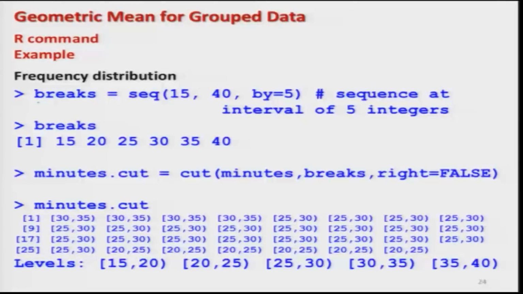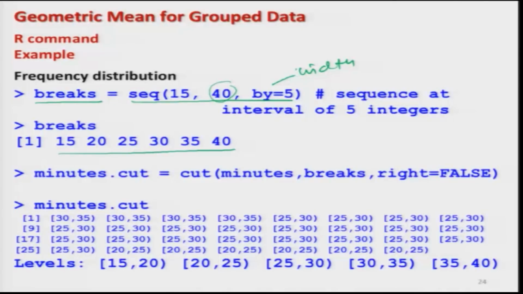Using the earlier explained method, I will construct a data vector breaks, which is a sequence from 15 to 40 at an interval of 5, because our class intervals start from 15 and go up to 40, and they are of width 5. So the data comes out as 15, 20, 25, 30, 35, 40.